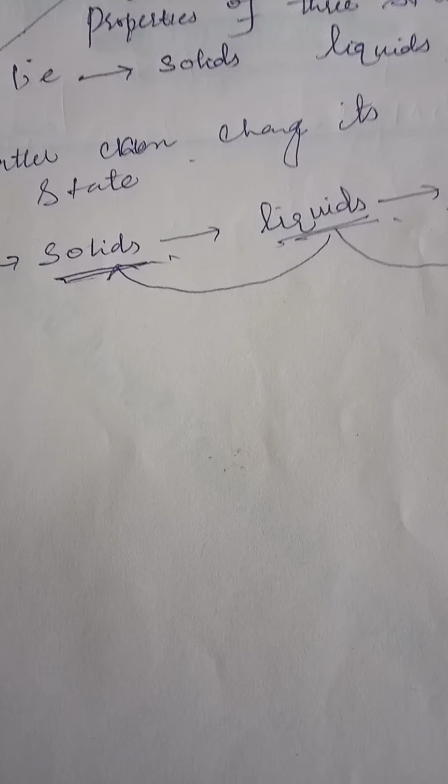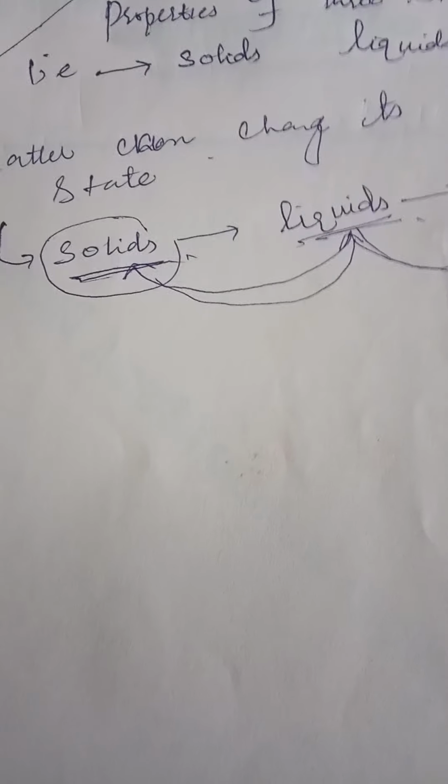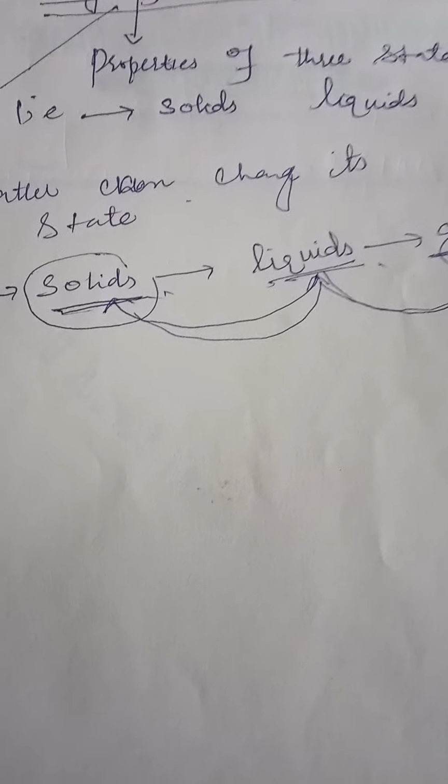Now what are the factors that we apply in order for solids to change into liquids and liquids to change into gases? How does a solid change into a liquid and a liquid into a gas, and what is the process called?